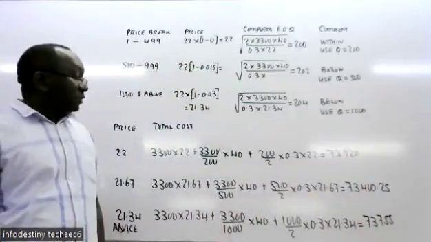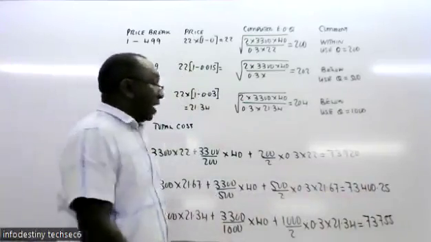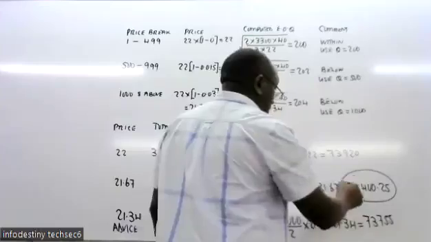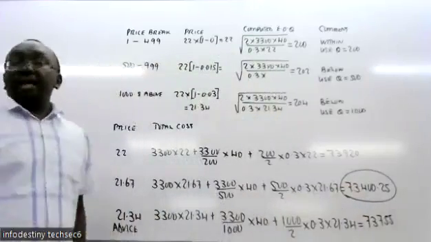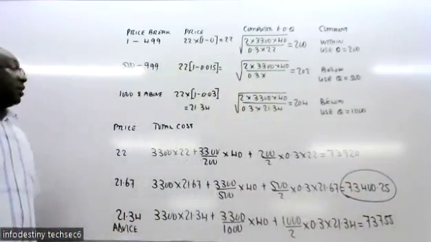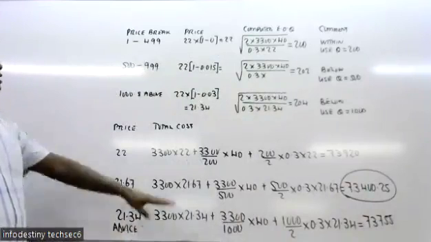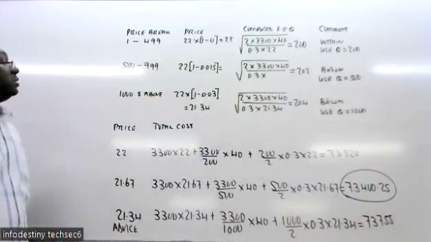The minimum of those is 73,400. This one. And therefore, we shall advise them that optimal order size is 500 units.